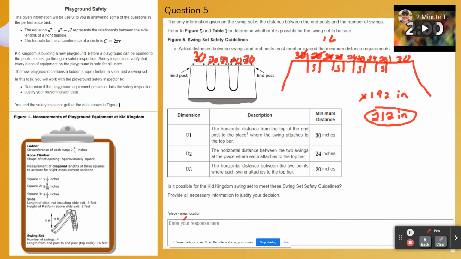So is it possible for the Kid Kingdom swing set to meet these safety guidelines? No, because 16 feet is 192 inches.